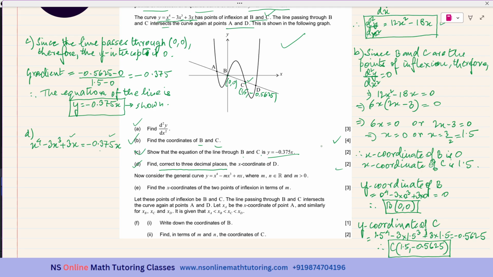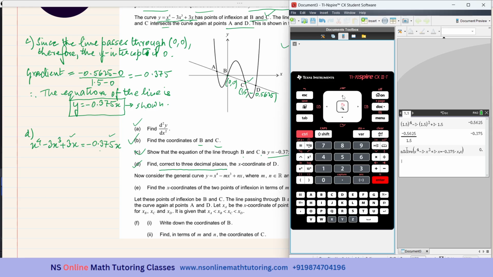So we have to add some constraint, some restriction. What can the restriction be? We know the x coordinate of the point C is 1.5, so the x coordinate of the point D will be more than 1.5. We will impose this condition. Let me just bring this down.